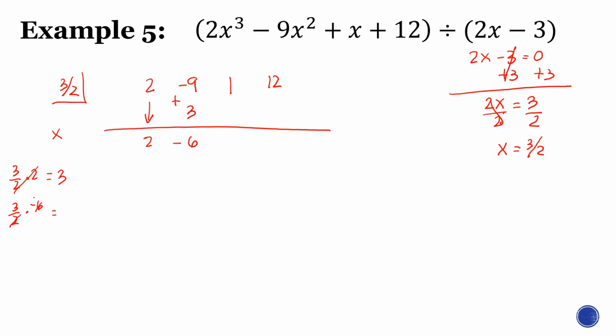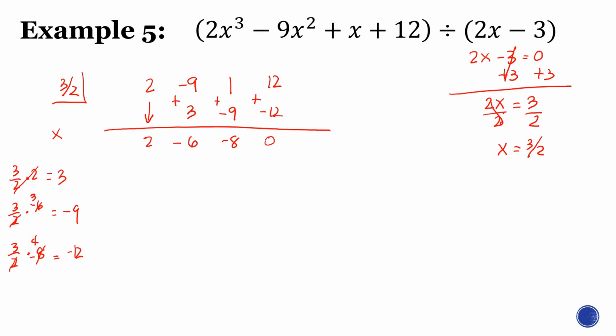So that's equal to negative 9. Add that. That will be negative 8. So 3 over 2 times negative 8. Cross that out. This will be 4, which is equal to negative 12. Add that, that will be equal to 0. Okay, so which means that we don't have a remainder.